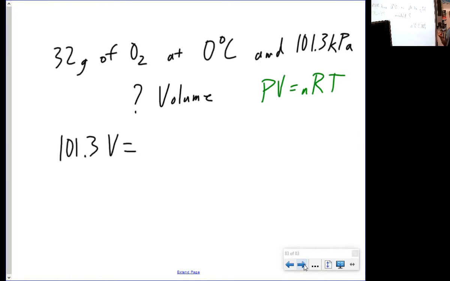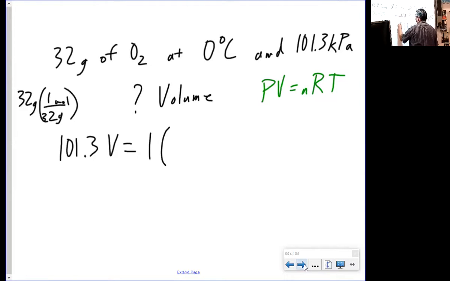Now, it doesn't tell me number of moles, but it tells me something I can get moles from, which is grams. Real quick, 32 grams of oxygen. I don't want grams. I want moles. How many grams in a mole of O2? 16 times 2 is 32. Easy math. 32 divided by 32 is 1. So I got 1 mole in.